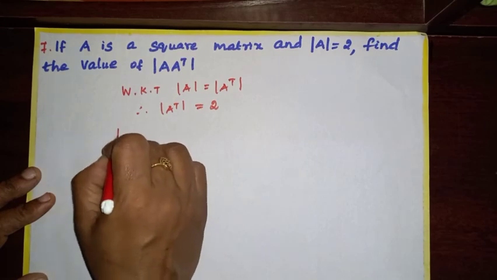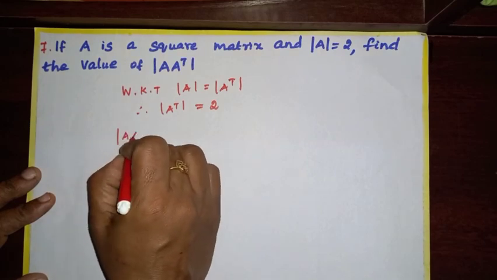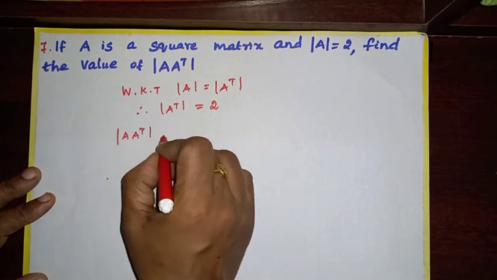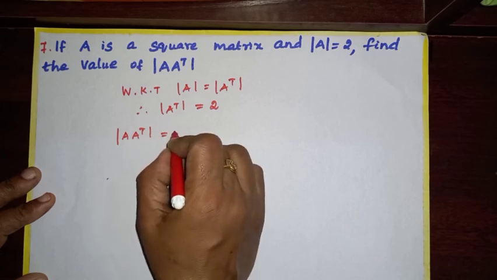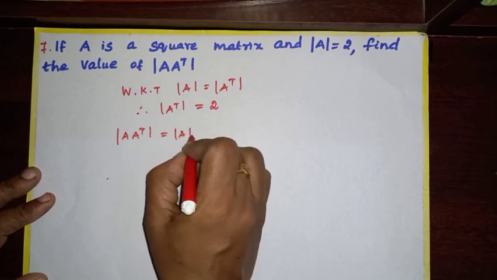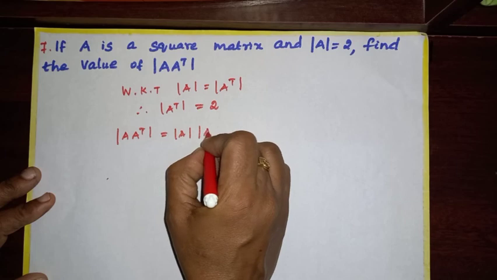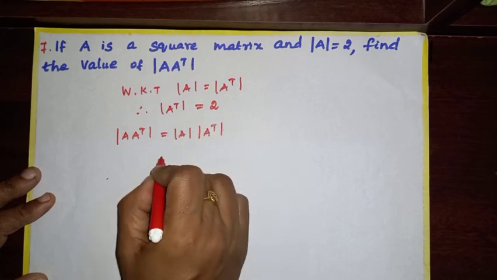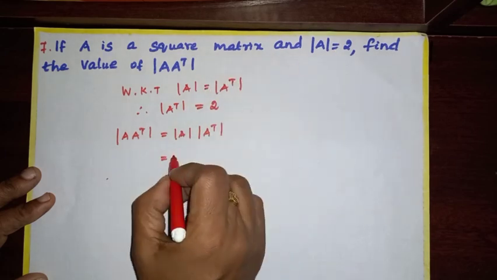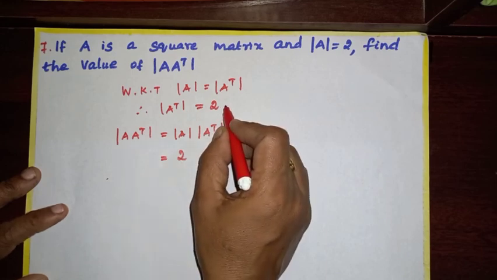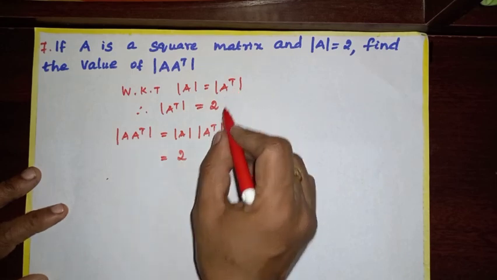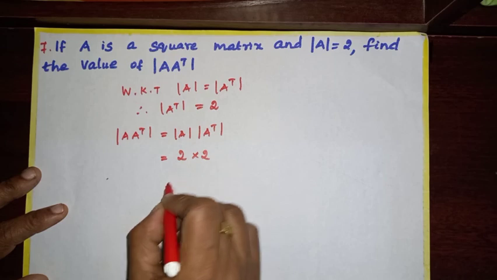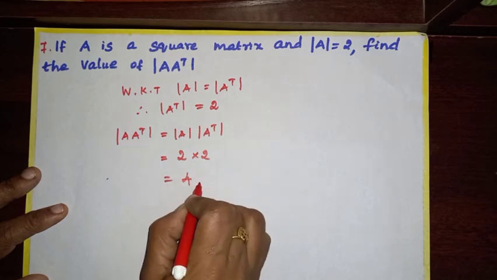Now we need to find the value of determinant of A transpose. Determinant of A transpose can be written as determinant of A into determinant of A transpose. The determinant of A value is 2. Determinant of A transpose is also 2. 2 into 2 which is equal to 4.